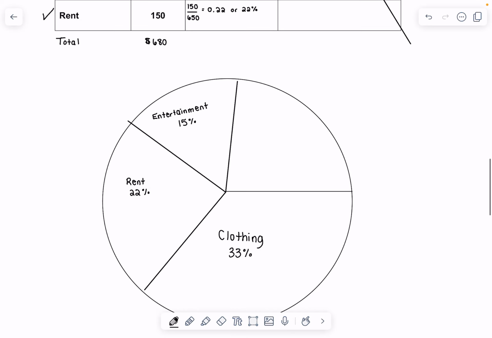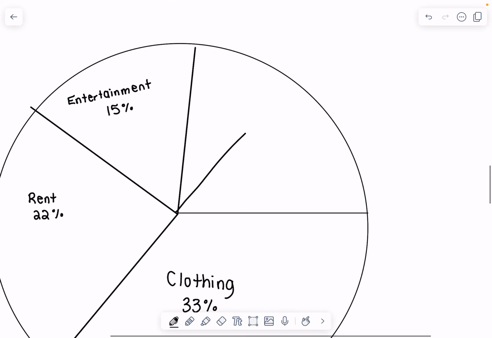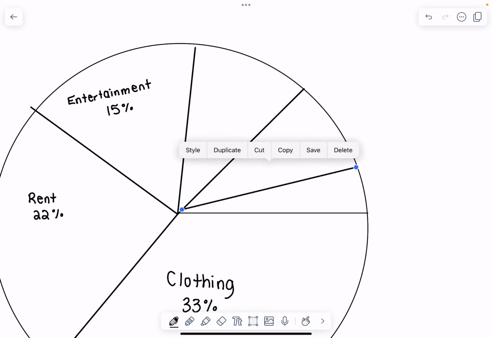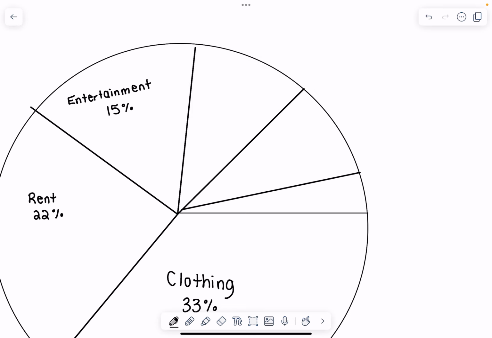Next, we have transportation and lunch. They are very close in value, so we want to make sure they look approximately correct. So this is just a hair bigger, and this is just a hair smaller. Okay, I would say that works. Approximately, of course.